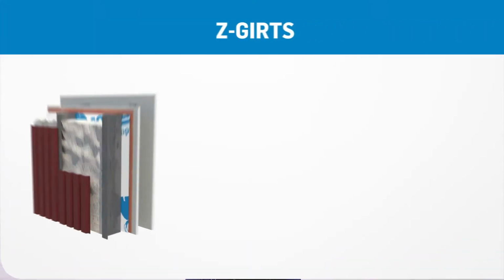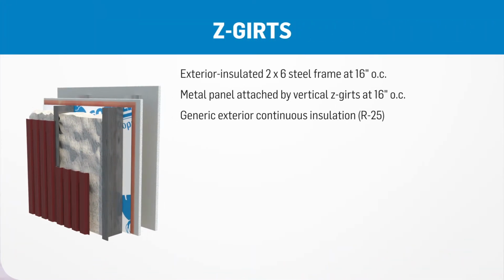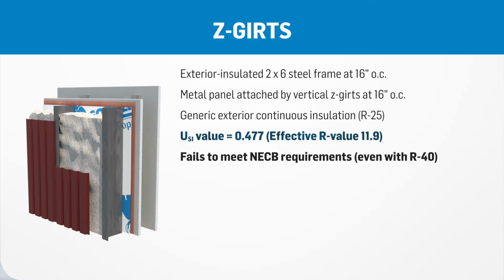Here is a first assembly that was modeled. We know that this wall assembly should never see the light of day, but we needed an assembly suffering from significant thermal bridging as a starting point. With such a system, using vertical Z-girts aligned with the studs at every 16 inches, we obtain a U value of 0.47 or an effective R value of 11.9.